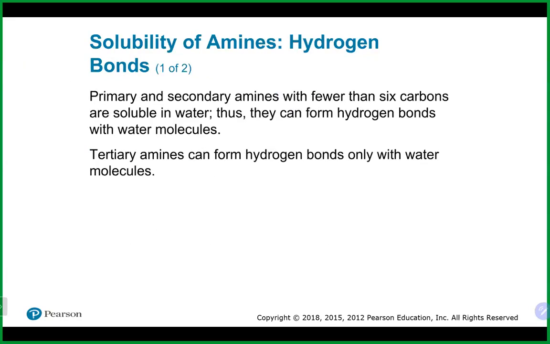So let's talk a little bit about solubility of amines. Primary and secondary amines have the ability to hydrogen bond. So if you remember, ammonia is something that can hydrogen bond, which is basically what these guys are derivatives of.